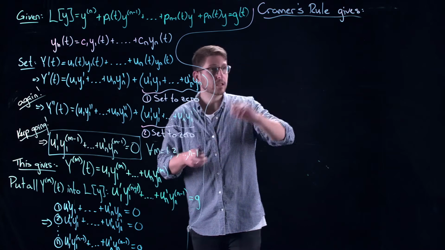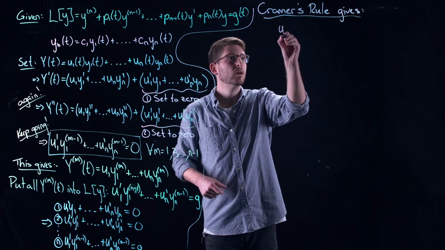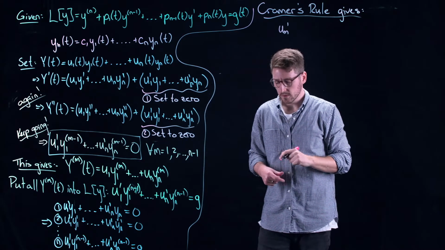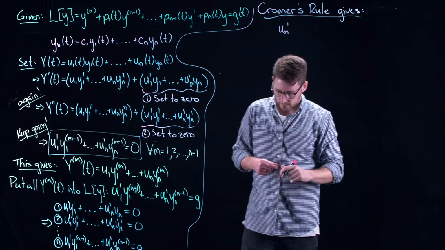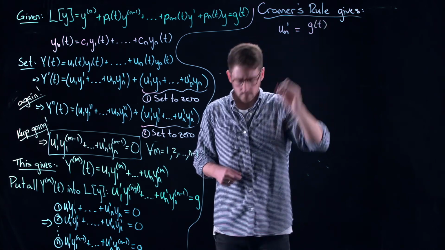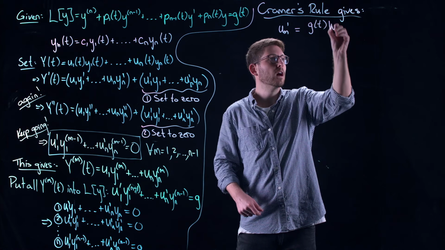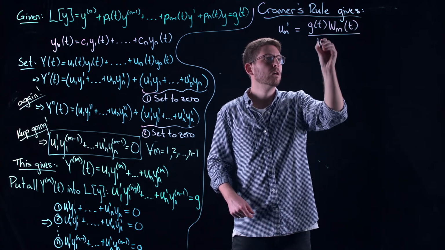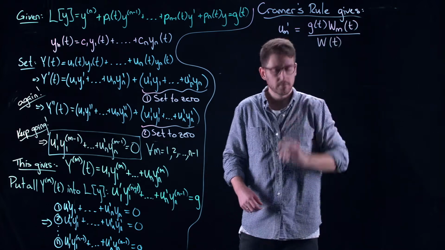And in fact, we can actually show that the derivative of each one of these u terms, so I'm using m as my index that runs along these, is equal to g of t, and then wm of t, I'll explain what that is in a moment, divided by w of t.